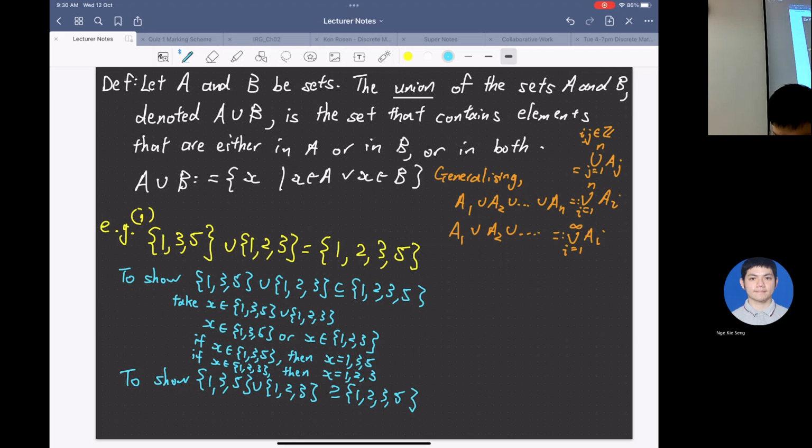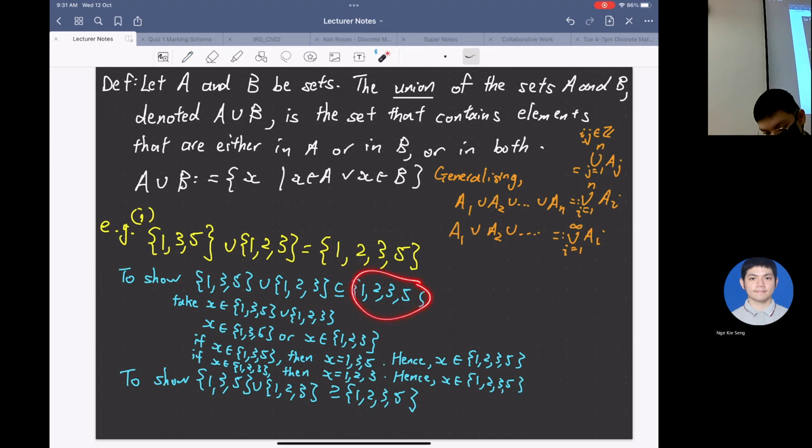In both cases, x is inside the set on the right hand side.